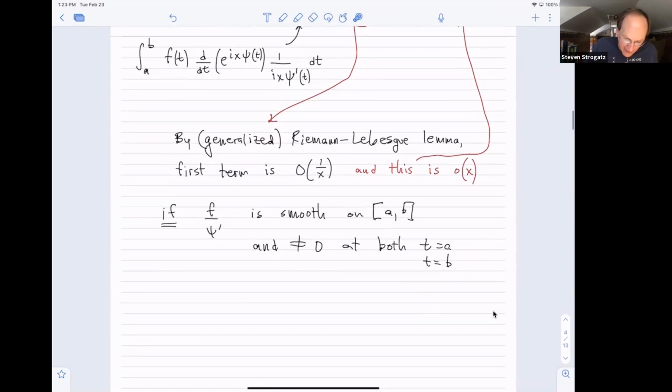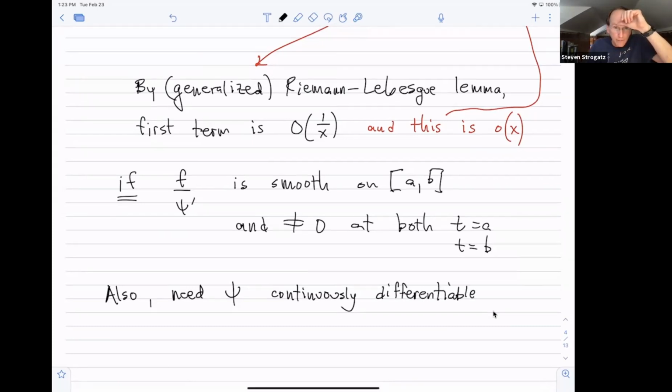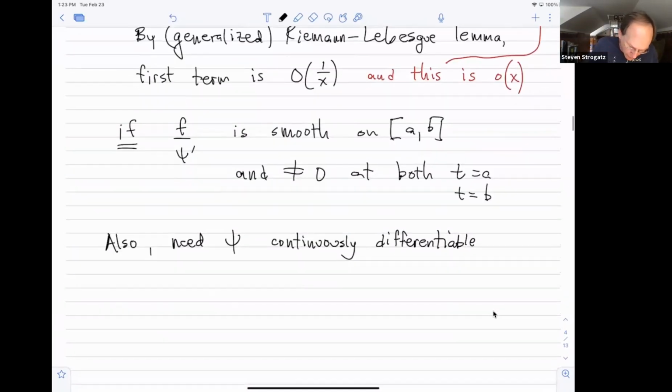Also, just for technicality's sake, I'll mention that we're also going to need psi continuously differentiable. After all, I'm going to be taking its derivatives. So I'd like it to be continuously differentiable on this closed interval.